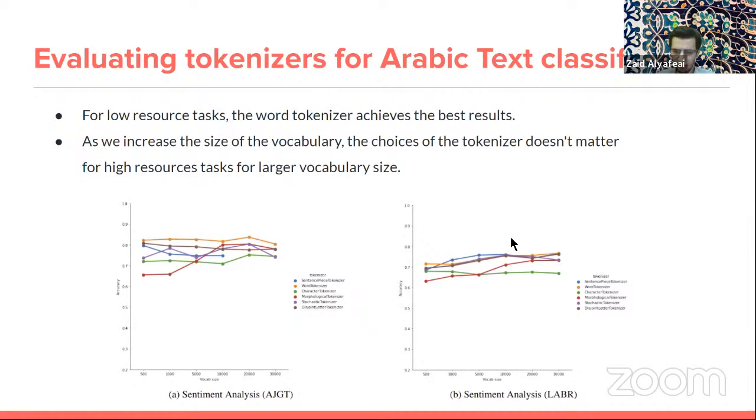For the high resource dataset, we see that most of the tokenizers are close in terms of results. As we increase the vocabulary size, it's a little bit difficult to see which tokenizer is better. Though the green one, the character tokenizer, achieves the worst results, which is reasonable because with the high morphology in Arabic, it's difficult to capture sentiment with a character tokenizer.